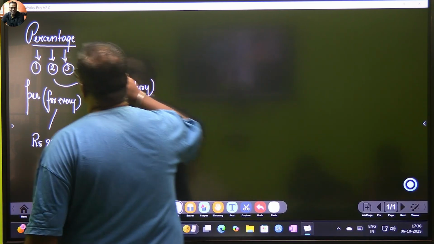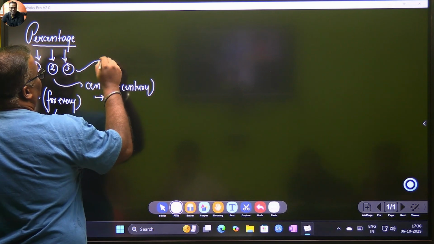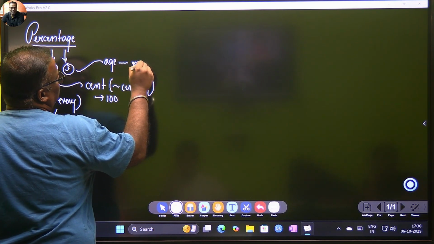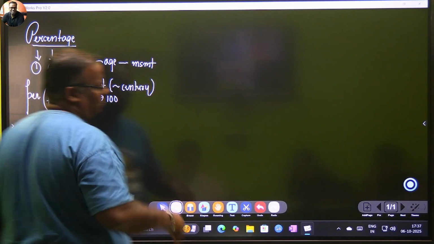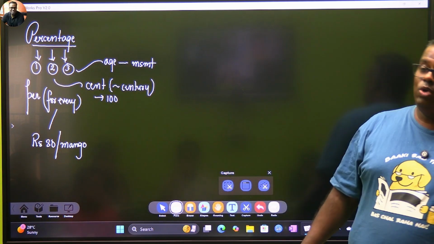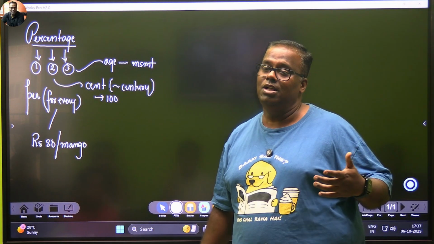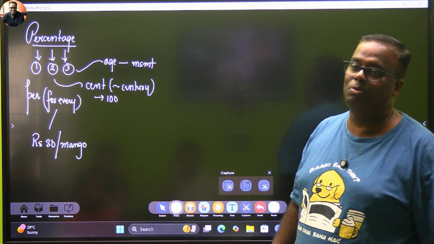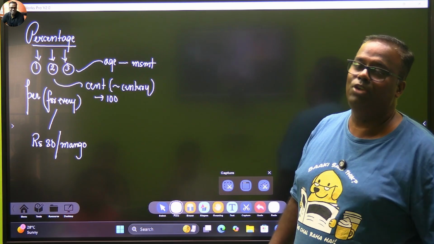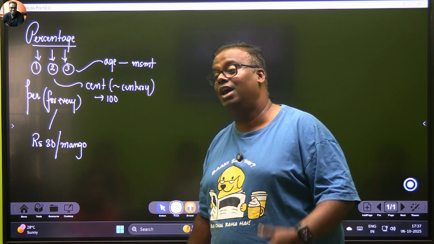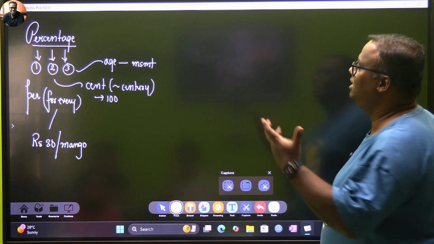And then comes the word age, which in mathematics we relate to measurement. Percentage: so you are going to do a measurement for every 100, how much. We go to the shop and we will not say every mango, every 12 mangoes, every 20. We will say, every 100, how much?